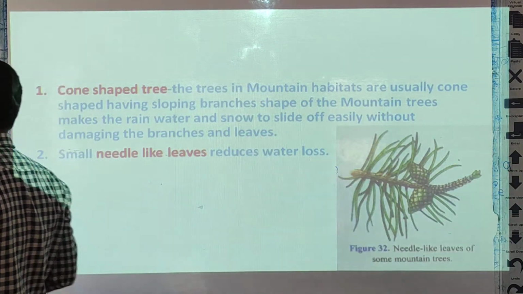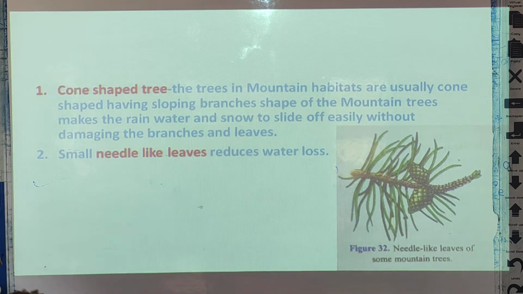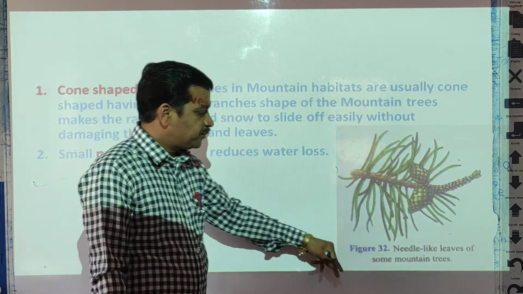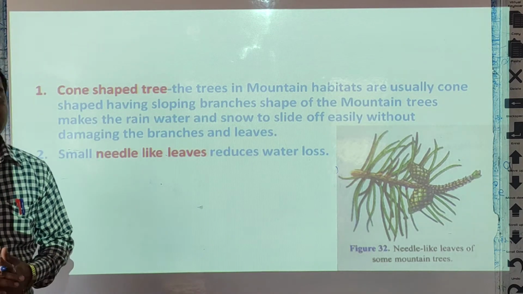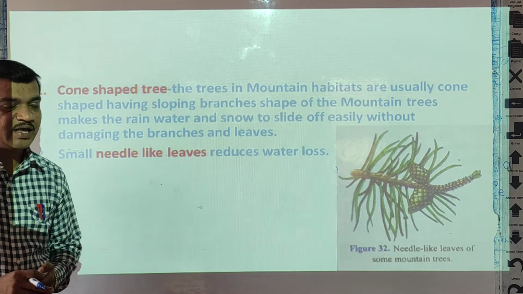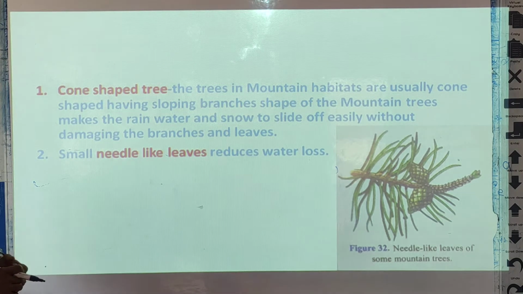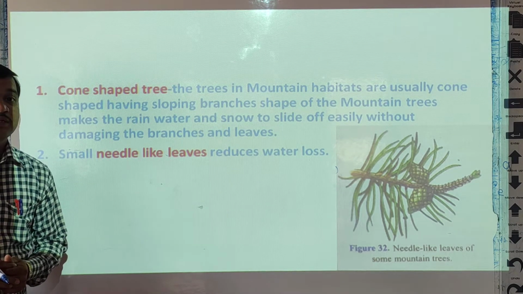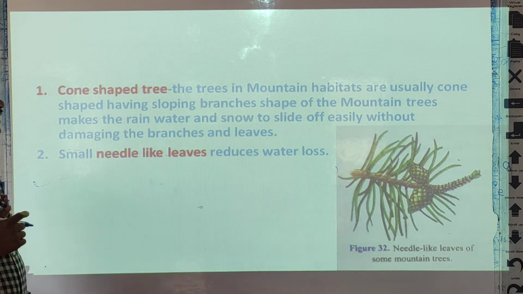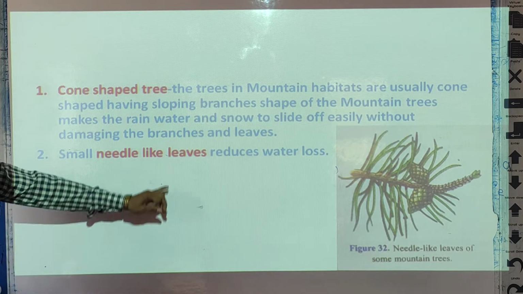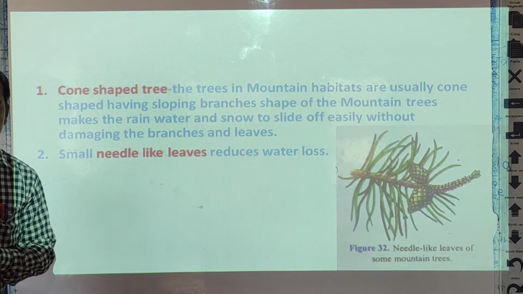You see here one picture, needle-like leaves of some mountain trees. Whatever mountain trees are there have needle-like leaves to reduce the rate of transpiration, and second, to reduce the water loss also.